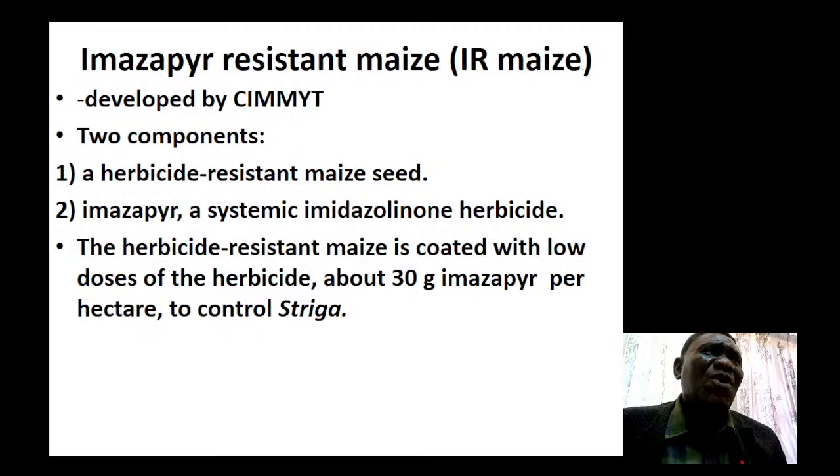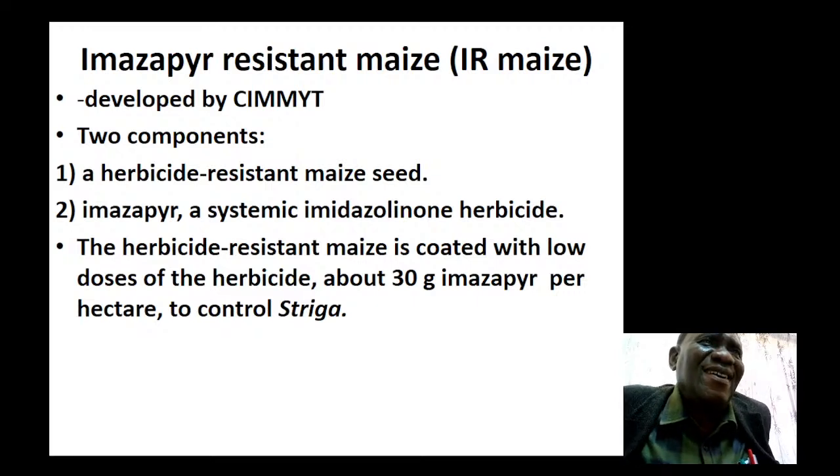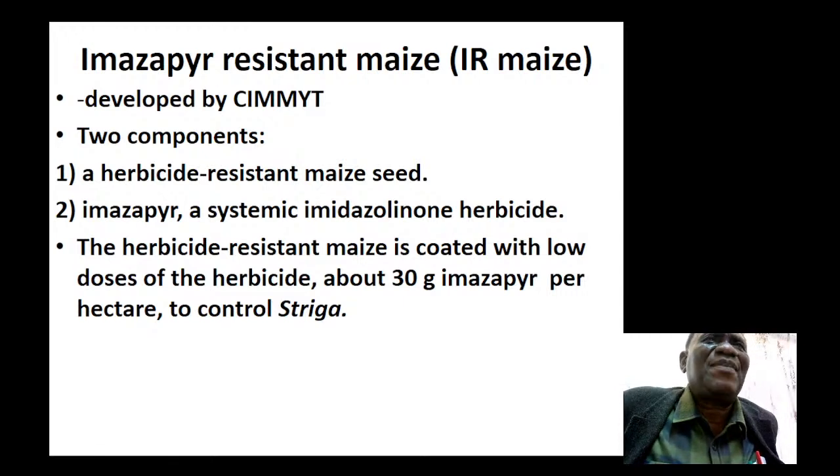Number one, a herbicide-resistant maize seed, and number two, the herbicide, which is imazapyr, a systemic imidazolinone herbicide. The herbicide-resistant maize is coated with low doses of herbicide, about 30 grams imazapyr per hectare, to control Striga.